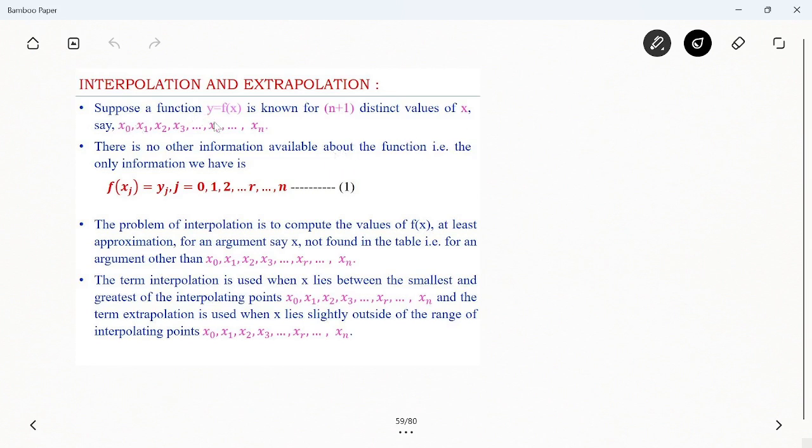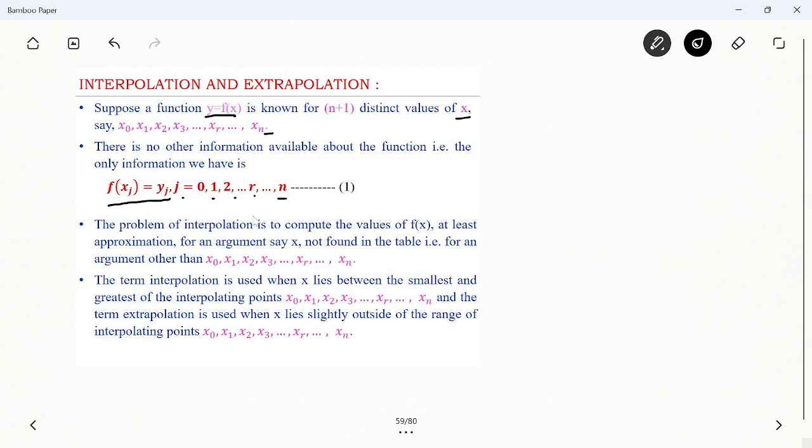Suppose we have a function y equals f(x), and this function is known for n plus 1 distinct values of x, say x0, x1, x2, x3 up to xn. There is no other information available about the function. That is, the only information we have is f(xj) equals yj, j equals 0, 1, 2 up to n.